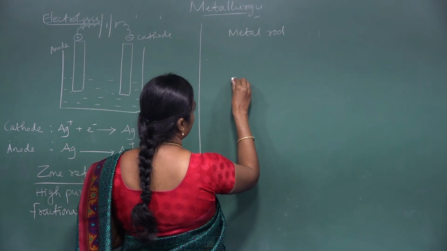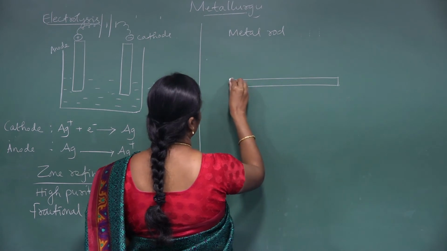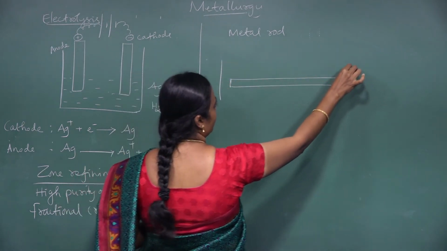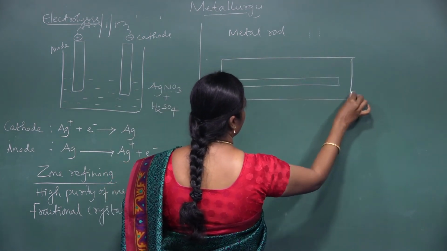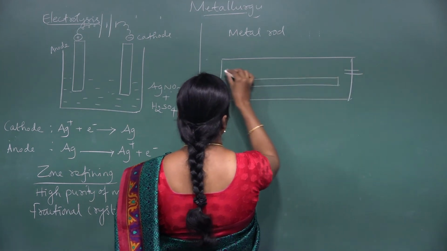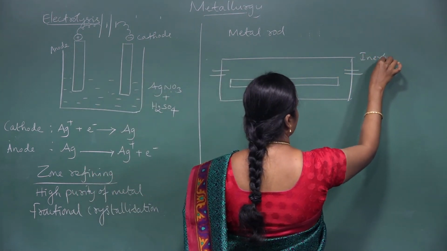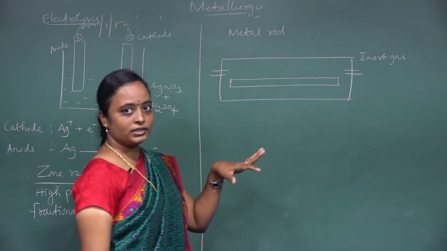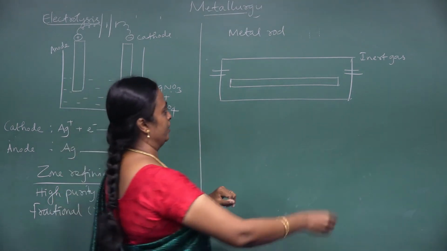I am going to consider this is a long metal rod like this, and that has to be covered with the inert atmosphere, meaning a gas that has to be provided. For what purpose are we circulating the inert gas? In order to prevent the oxidation of the metal.